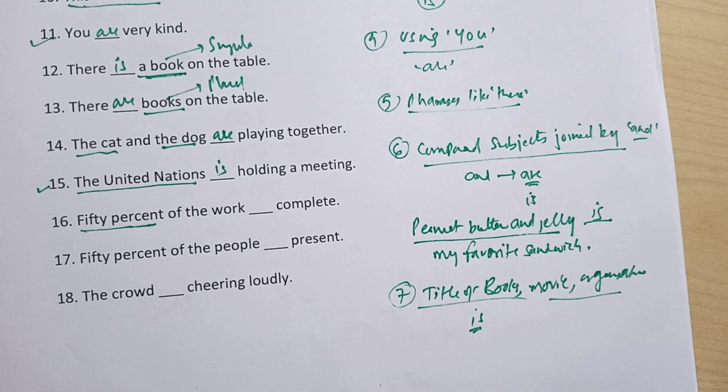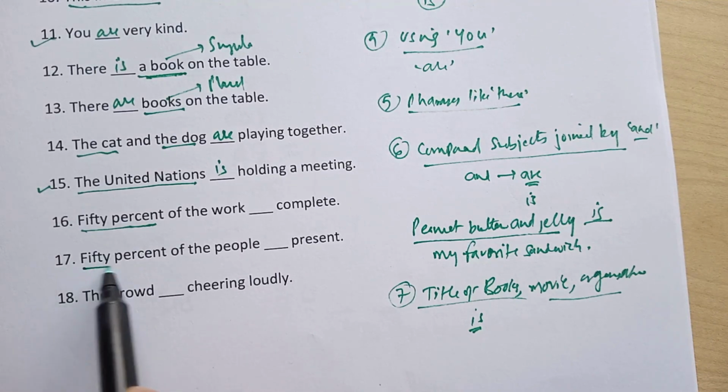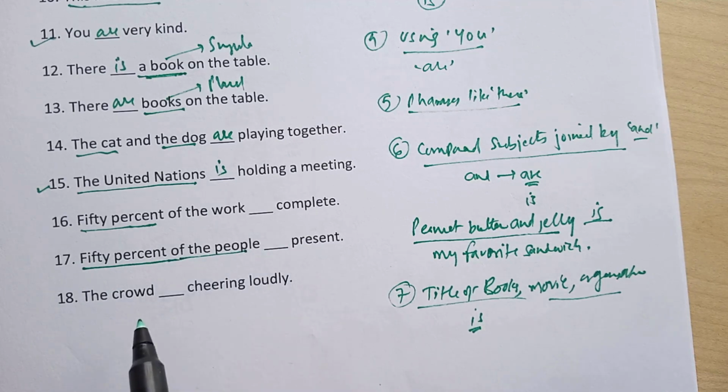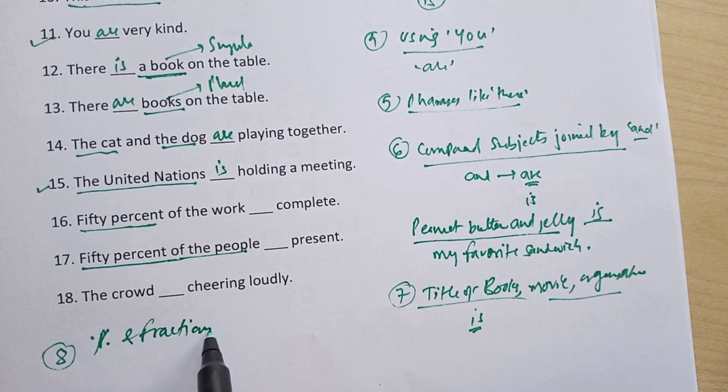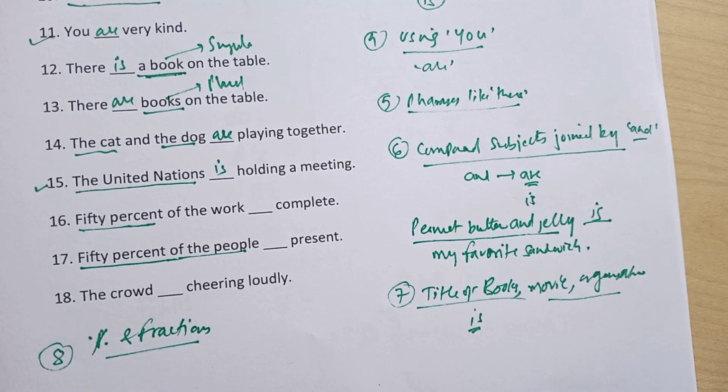Okay, next we have "50% of work dash complete." Another example: "50% of the people dash present." In the case of percentages and fractions, the verb depends on the noun following the fraction or percentage. So what is work, singular or plural?